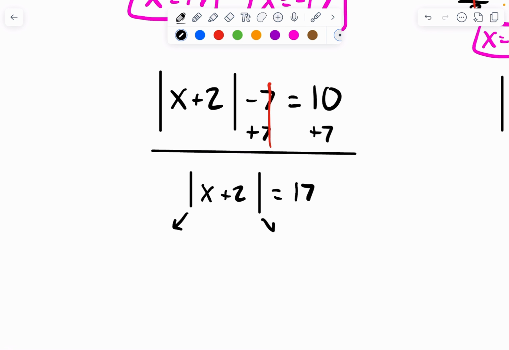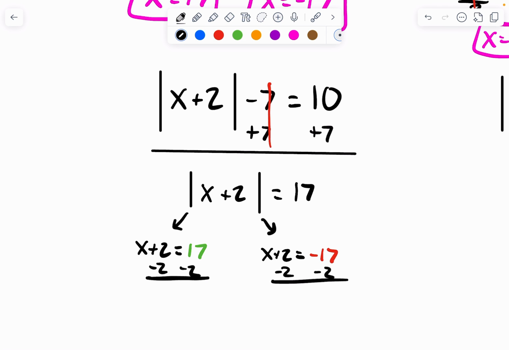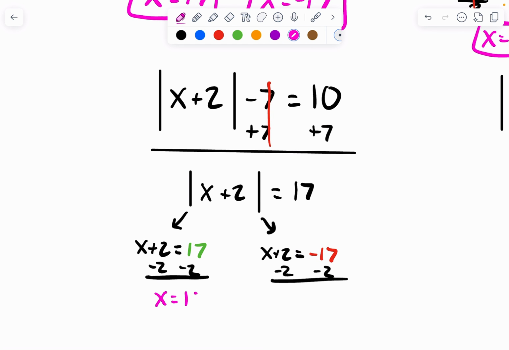Again, split it into two. We have x plus 2 equals positive 17, because it could have been positive 17. Or we have x plus 2 equals negative 17. Solve both of these the exact same way. You minus 2 from this one, and you minus 2 from that one. Then our answers would be x equals 15 or x equals negative 19. That right there is our answer.